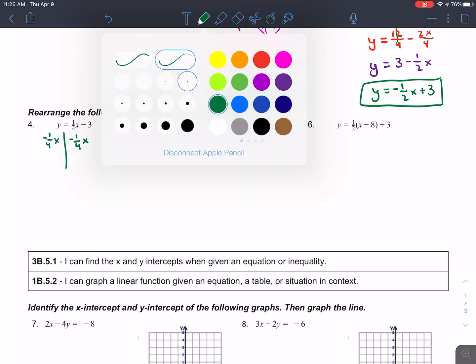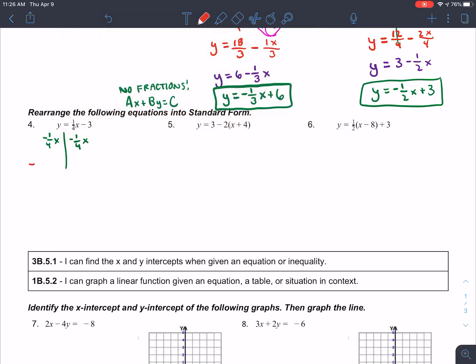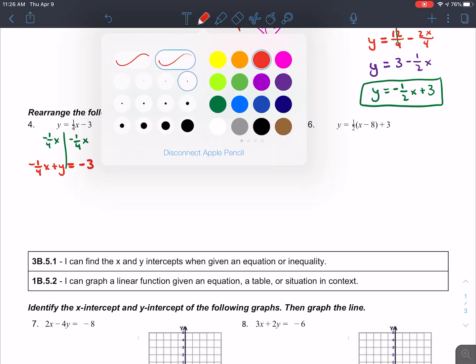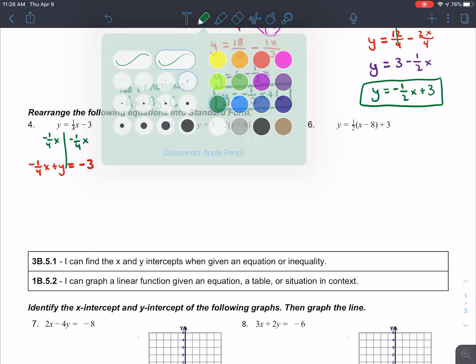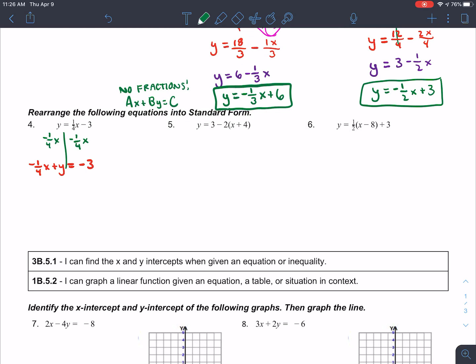Except now I have negative 1/4 x plus y equals negative 3. I'm not done yet because of the no fraction business, okay? No fractions means that I must get rid of this 1/4. And to do that, we multiply the entire side by the denominator of 4.